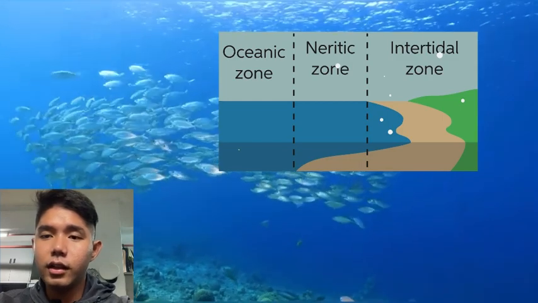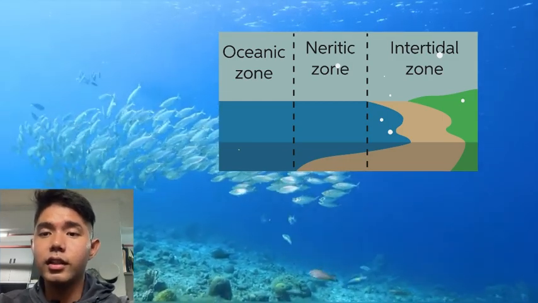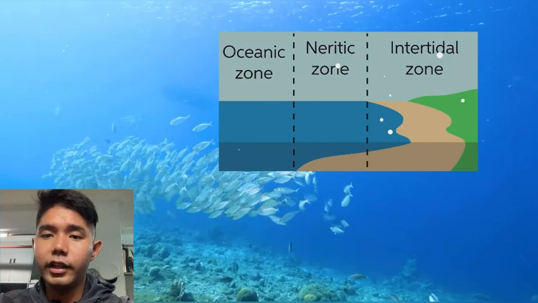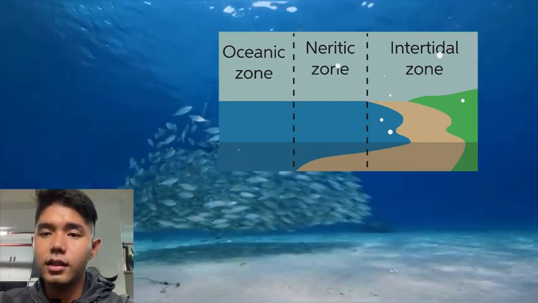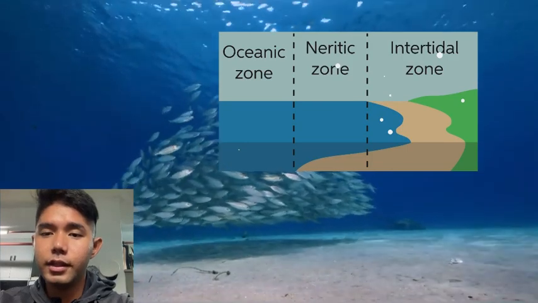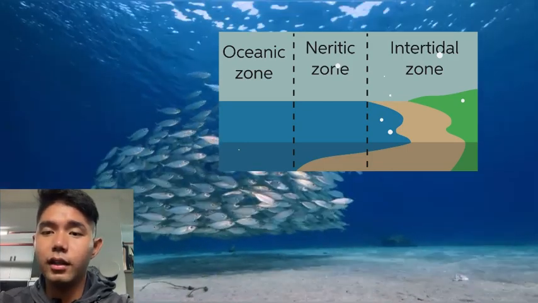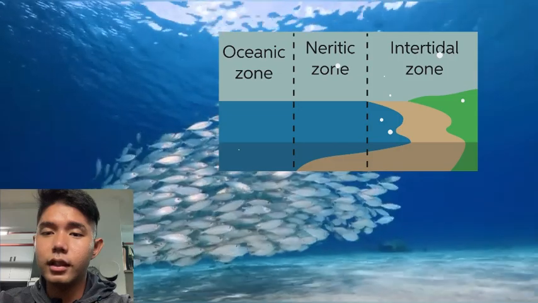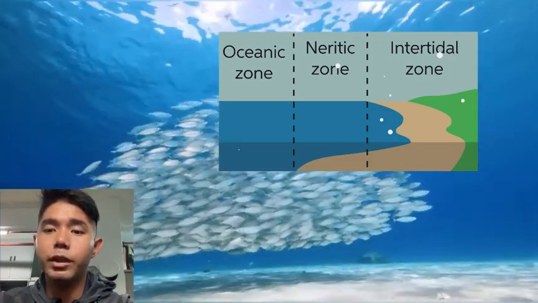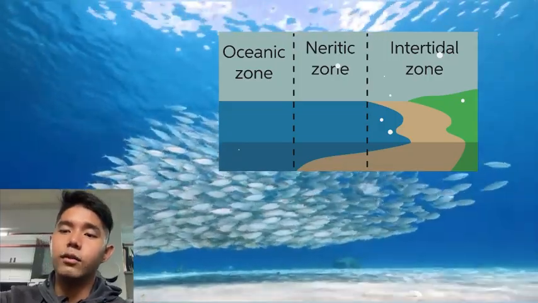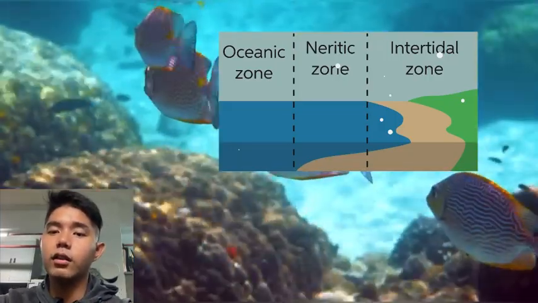The neritic zone is shallow, reaching a depth of about 200 meters, that is 660 feet. It is a subsection of the pelagic zone and includes the ocean's epipelagic zone, which lies within the photic or light zone.